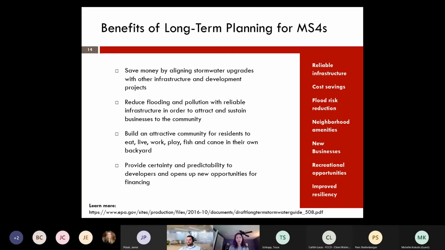It's very attractive because if you have a plan in place and you've vetted it with your stakeholders, the community and the residents and everyone knows, okay, this is what's going to happen now, and this is the plan for the future. And you can always go back to it if someone questions, hey, why are we doing this? And remember, we did this planning process and we had buy-in. So there's that certainty and predictability as well across the board.